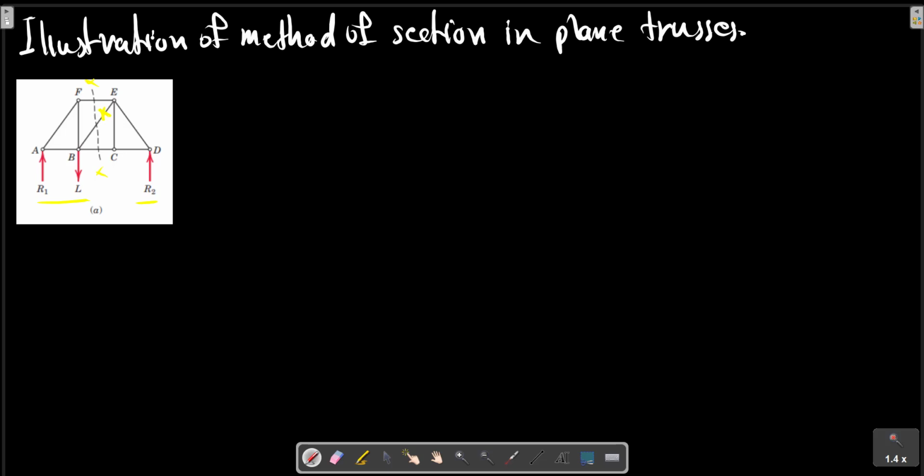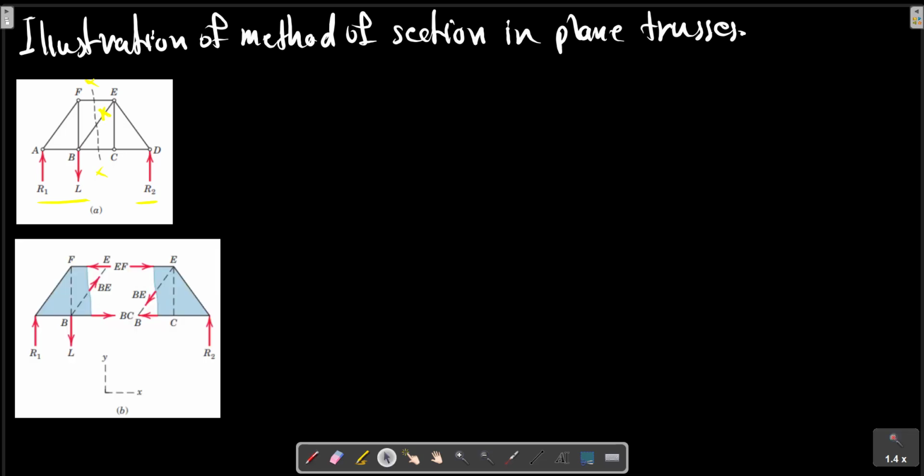Consider this picture. This section has got three members whose forces are initially unknown. These forces are equal to these forces in the other section.